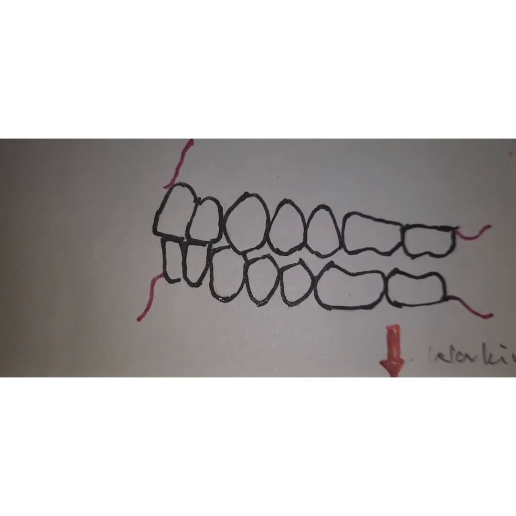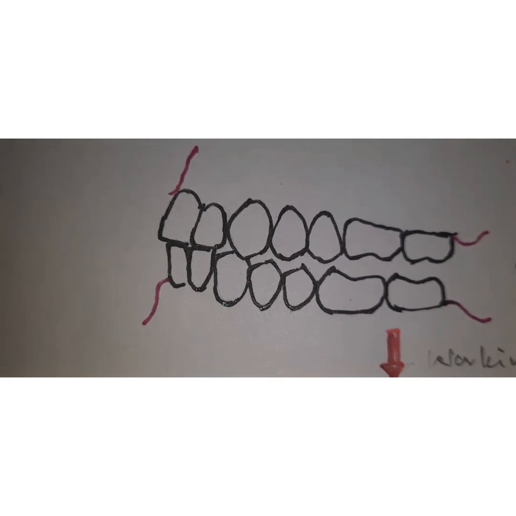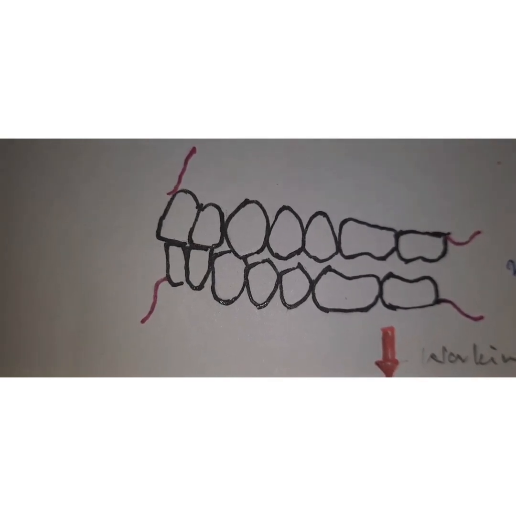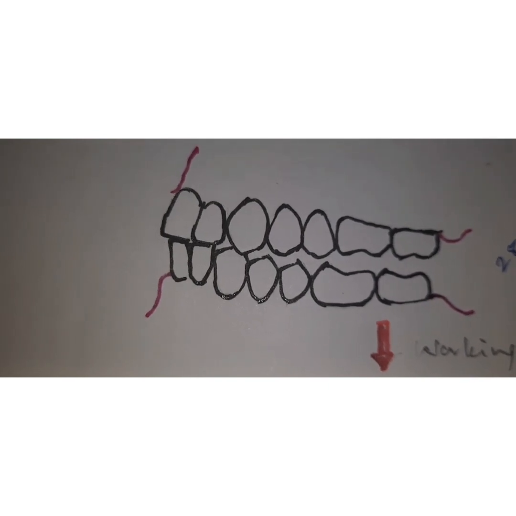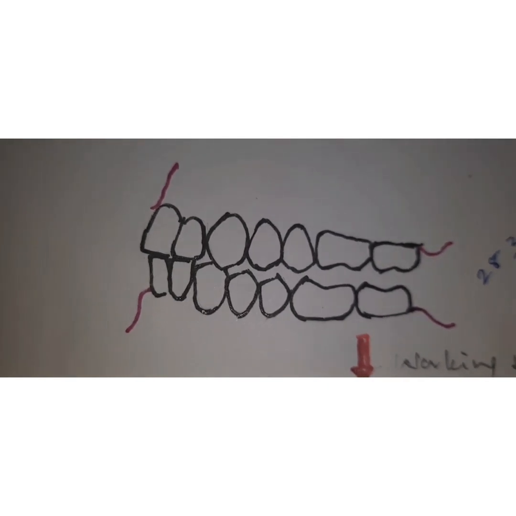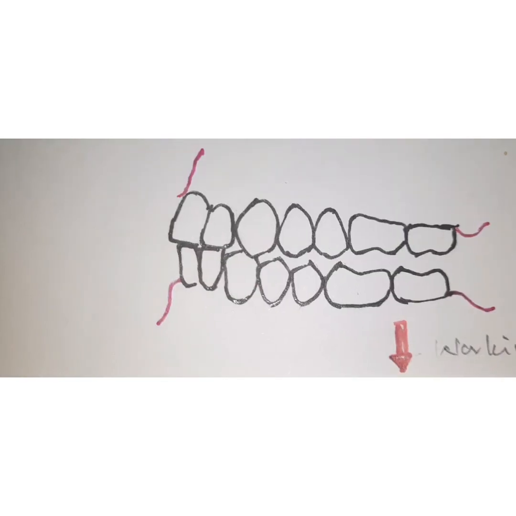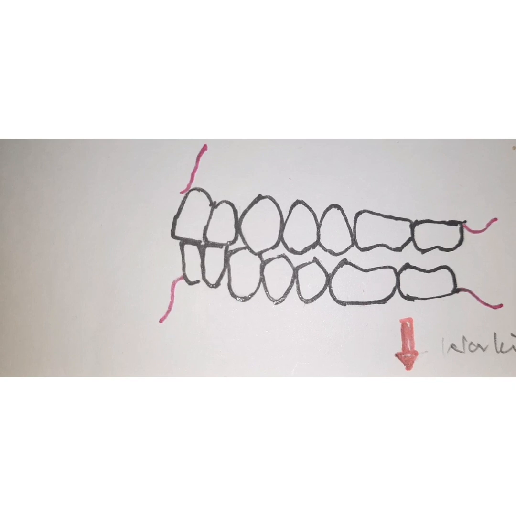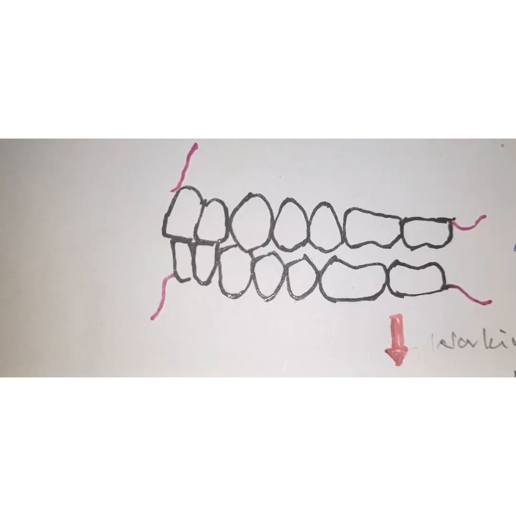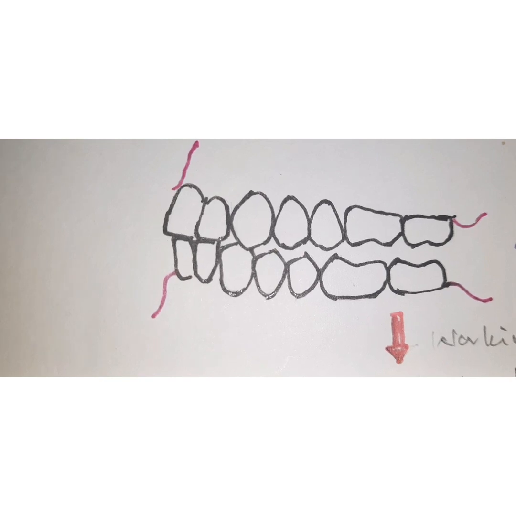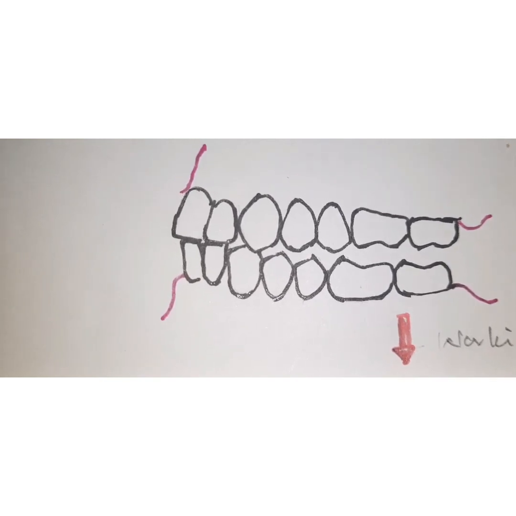In those cases you should use a group function occlusion, and in cases like class 2 or class 3 situations or in crossbite cases, mutually protected occlusion or canine guided occlusion should not be used. Because in all these situations, the mandible cannot be guided by the anterior teeth, and that is the reason why canine guided occlusion cannot be given in these situations.